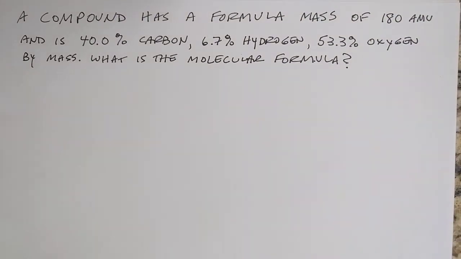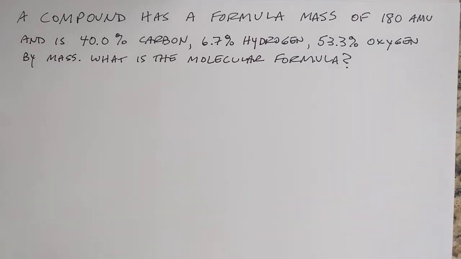Okay, so we have a compound that has a formula mass of 180 atomic mass units and is 40.0% carbon, 6.7% hydrogen, and 53.3% oxygen by mass. What is the molecular formula? All right, now I will say that there is another way to do this, and some students just figure it out on their own, but I'm going to do it following the poem. If you figure out the other way, that's fine, but we're going to do it this way.